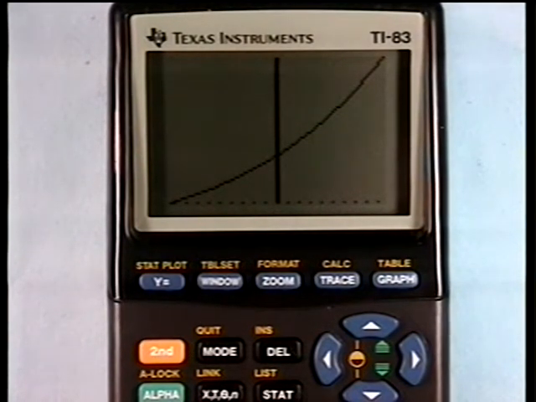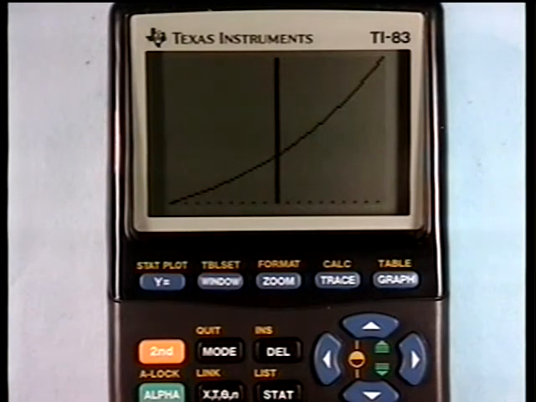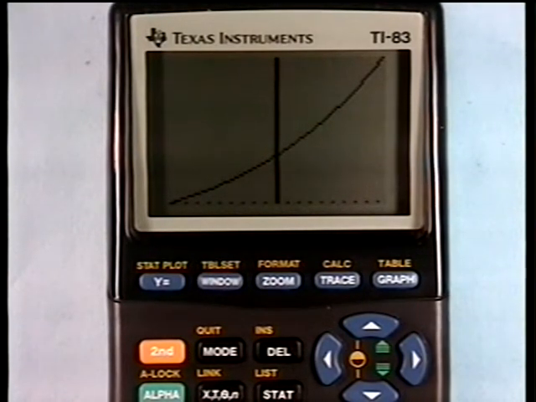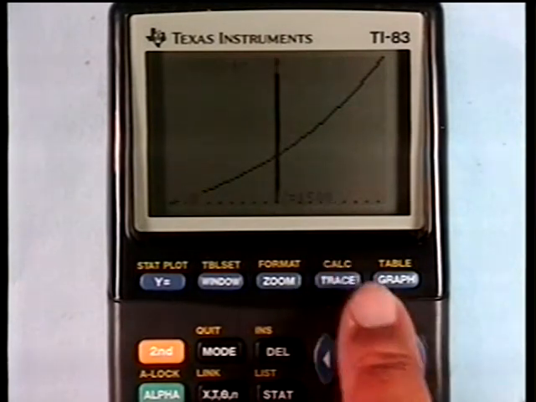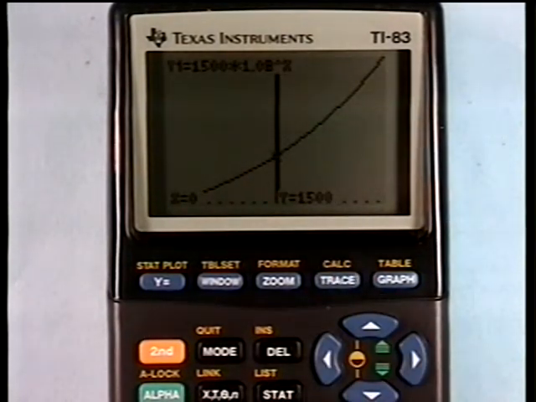To be able to see the actual numbers that cause these points to be generated by the graphing calculator, we can look at the table. Before we do that, though, let's go back and use our trace feature to determine how much money we have at X number of years.